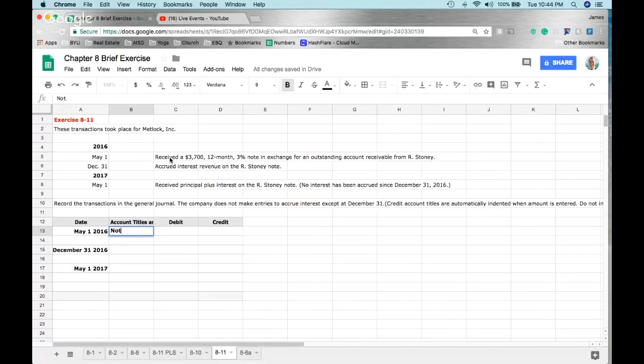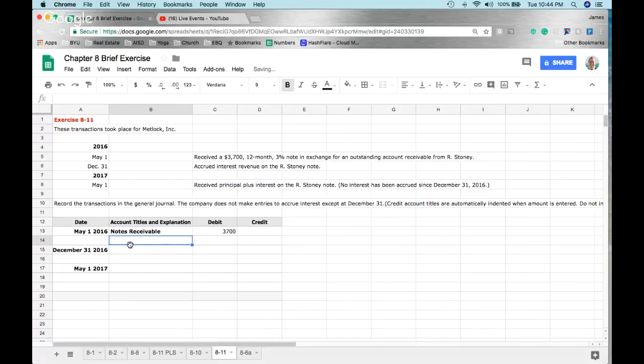May 1st would be notes receivable, and then we're going to debit for $3,700. And then the other account involved here is accounts receivable. And we're going to credit that side first, $3,700.